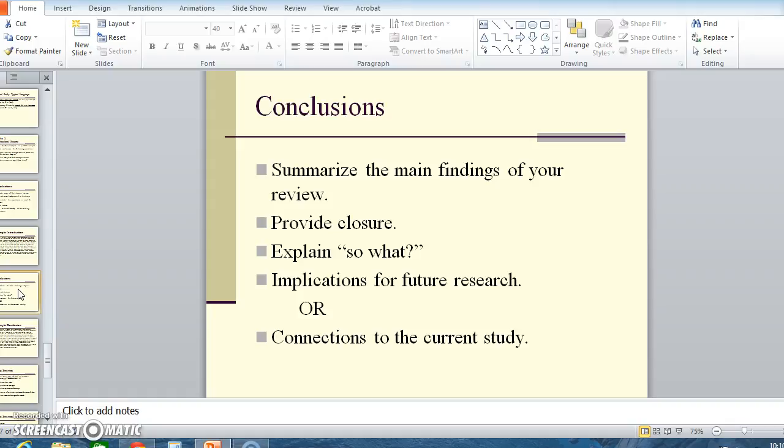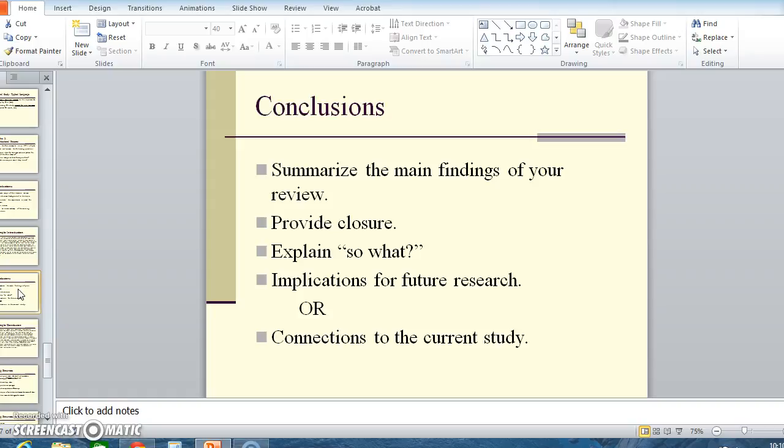So you must summarize the main findings of your literature review based on everything that you have presented to us and the types of problems in those research articles or concerns that have been brought up. What are the findings? What are we left with? You need to remind us that.